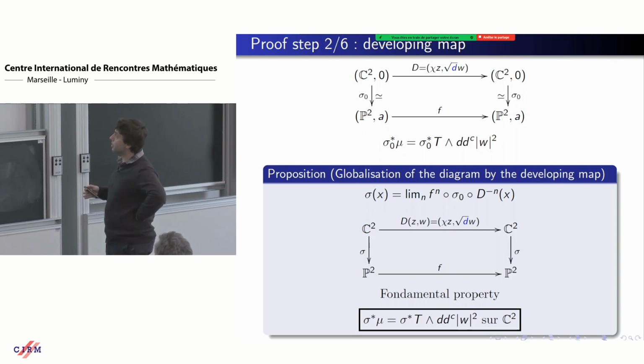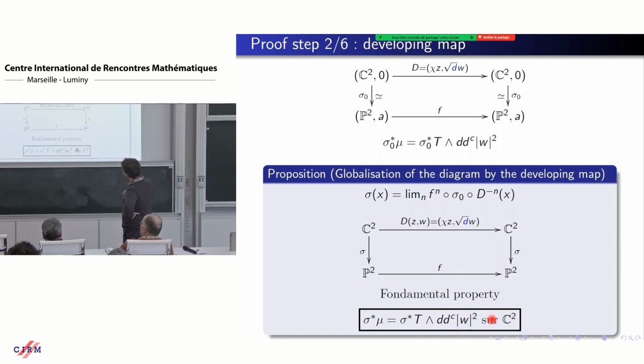Because your fixed point is repelling, you can use the definition that is here to define a mapping sigma that extends your local diagram into a global diagram on C2. And you can also show that the local formula between mu and T near 0 in C2 extends into a global formula on C2. These are positive measures on C2, but be careful, they have infinite mass.